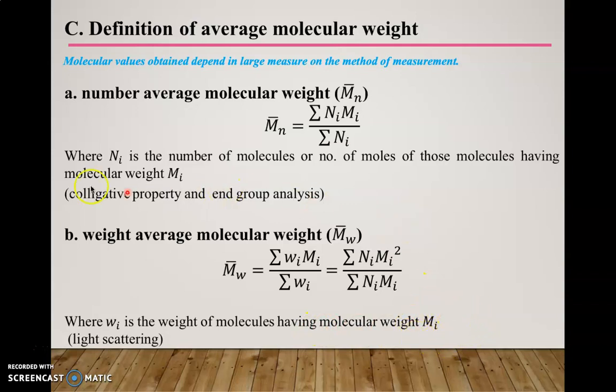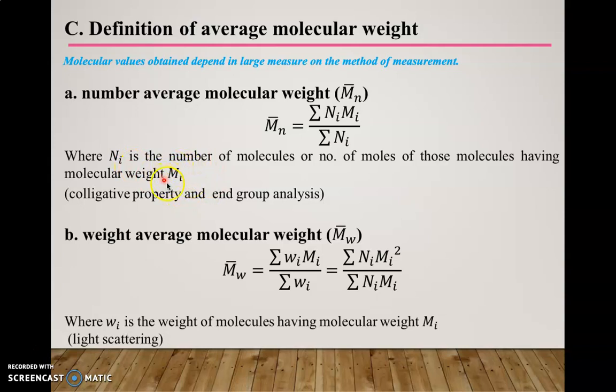Now here I would like to again reiterate this point. In the first case, when we talk about the number average molecular weight, we are actually talking about the number of molecules having a particular molecular weight.